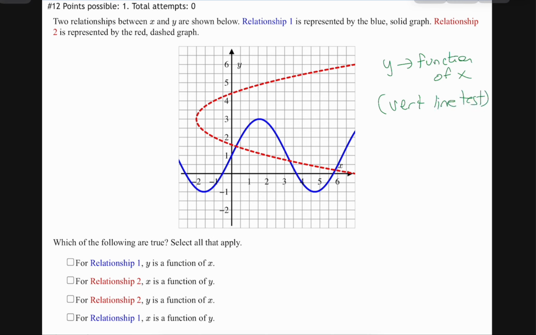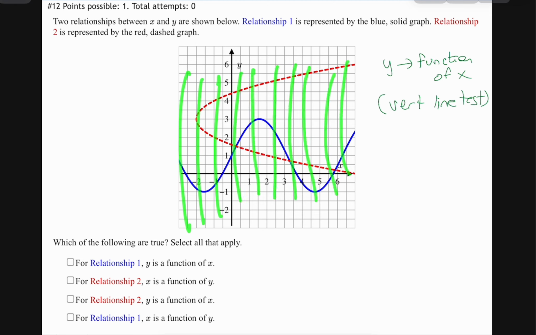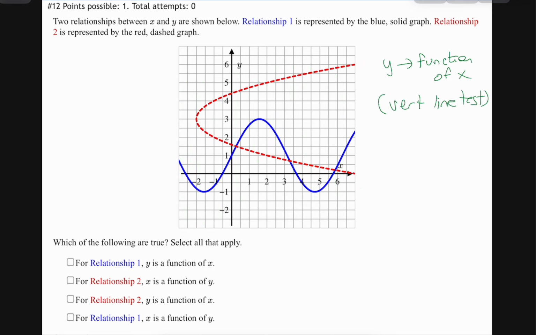Okay, so let's go ahead and make some vertical lines. For the blue function, relationship 1, the vertical lines I draw only will ever hit the graph once. So relationship 1, is y a function of x? Yes.